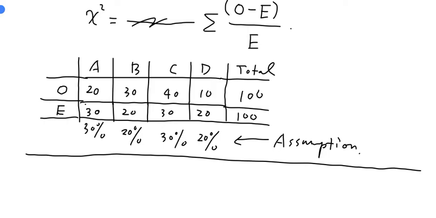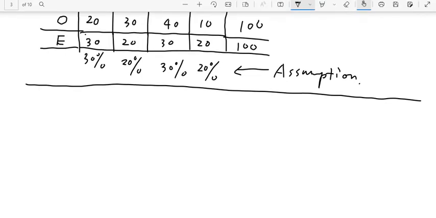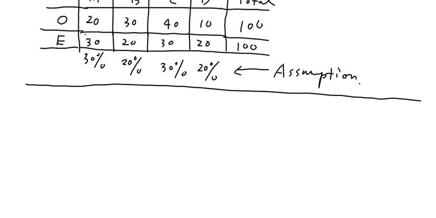So let's check what the chi-square distribution is. Where do we get this distribution, or why do we have this chi-square test?